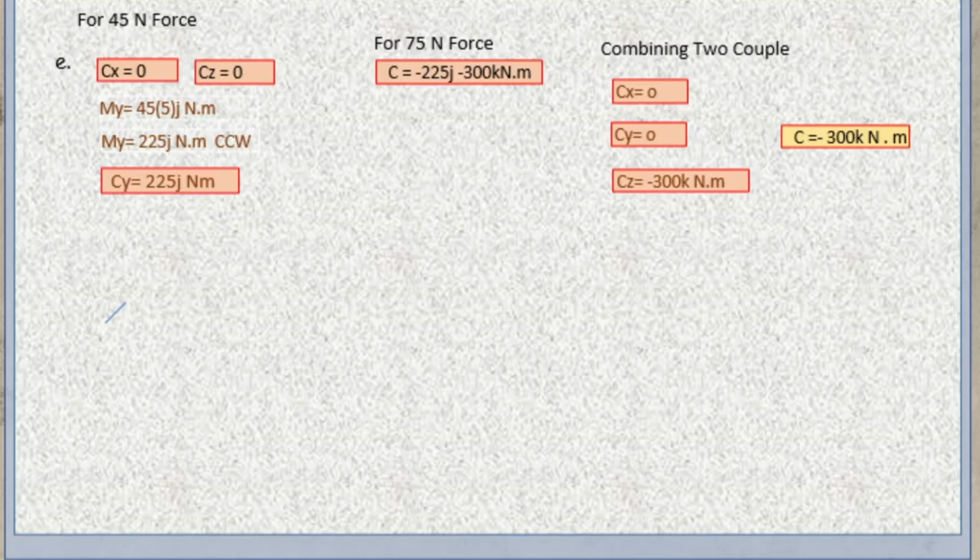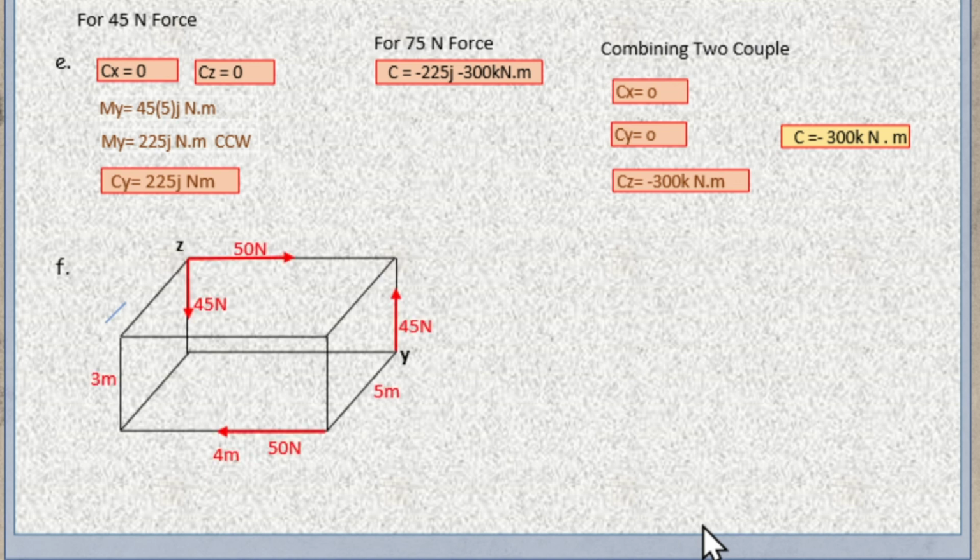So for our F, this is our given figure. Let's try to analyze 45 Newton first. Looking at its top view, we have a non-collinear force. Assuming counterclockwise positive, 45 multiplied by its perpendicular distance 4 will be 180I Newton meter.